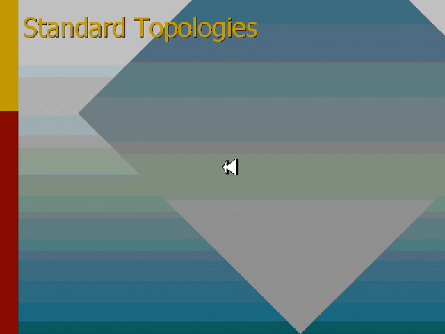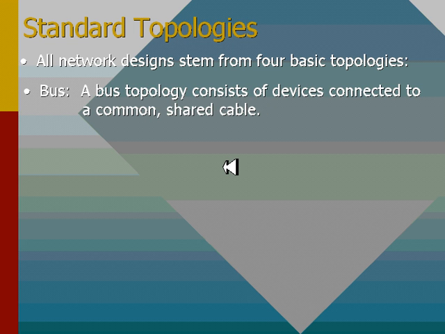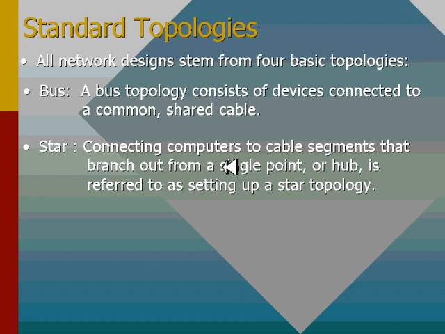Standard topologies. All network designs stem from four basic topologies. Bus: a bus topology consists of devices connected to a common shared cable. Star: connecting computers to cable segments that branch out from a single point or hub is referred to as setting up a star topology.